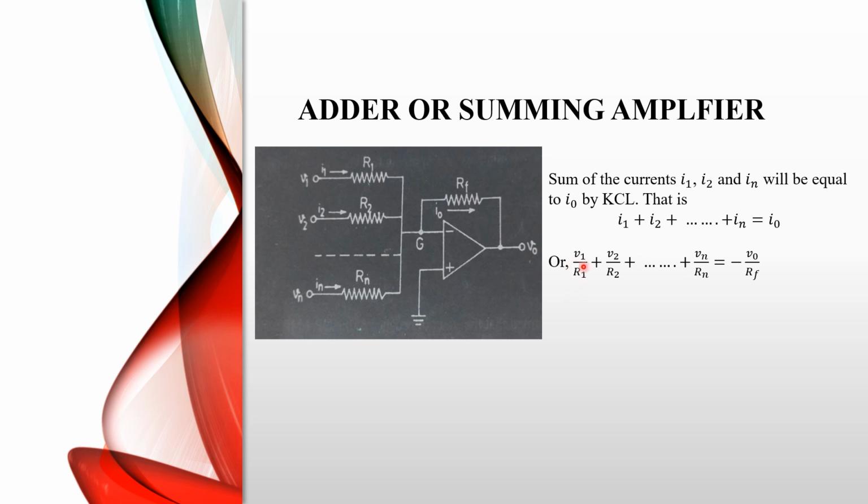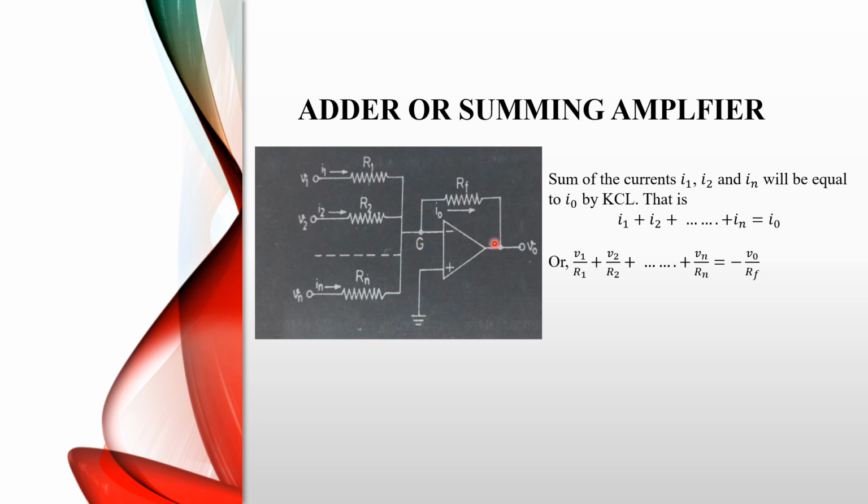So here we can write V1 by R1 plus, next, I2 current is generated from V2 voltage, and in this arm R2 resistor is used. So here we write V2 by R2 plus dot dot Vn by Rn, that is equal to, at this point, what is the value? G point value is 0. We already talked about this topic.